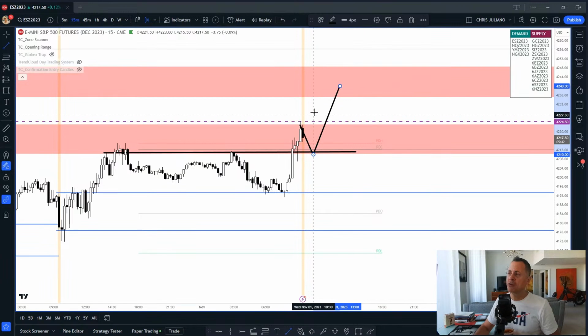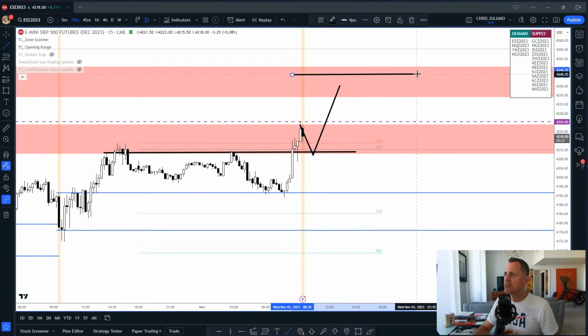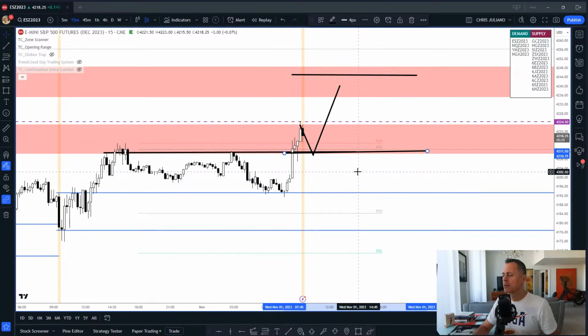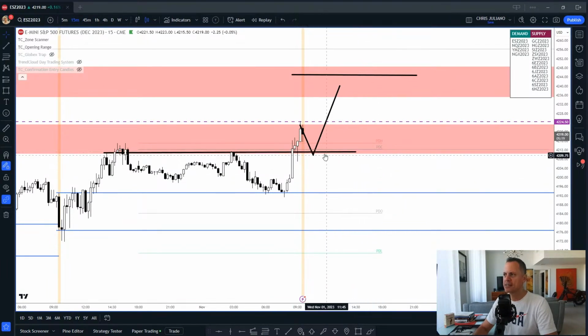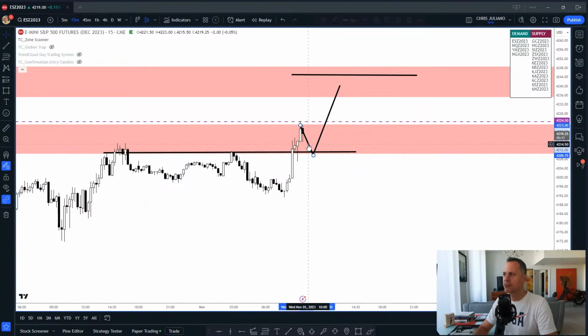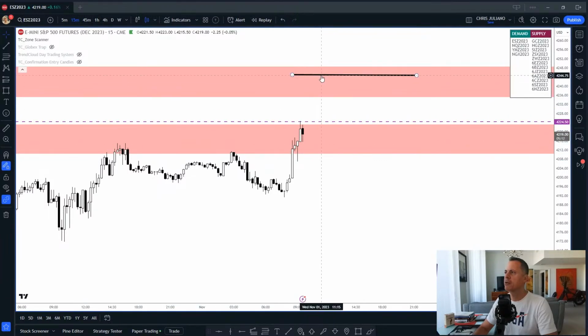Maybe the whole opening range is going to look like this. Now you're just bouncing back and forth. That's no good either, right? Do you see how we're thinking through the process? We have a process. That's why we're able to think through it.